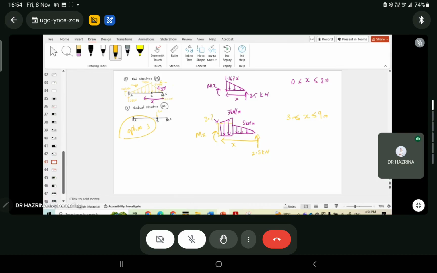Okay. So kalau you buat macam ni, apa yang nak kena kira? Summation moment at X clockwise positive equals to 0. So you akan ada negative 2.5 kali X. And then you akan ada plus setengah kali 3 kali 5 kali dengan X tolak 3.